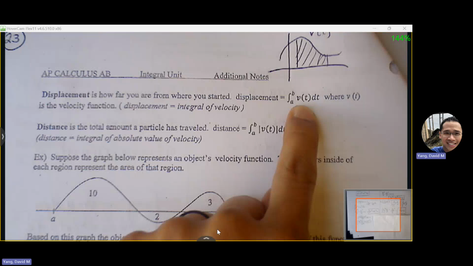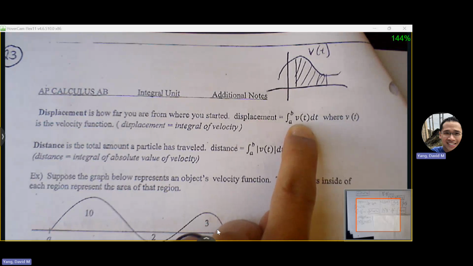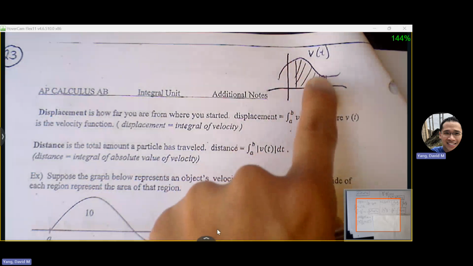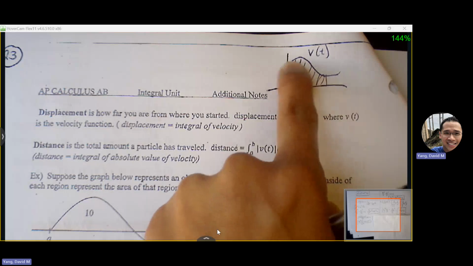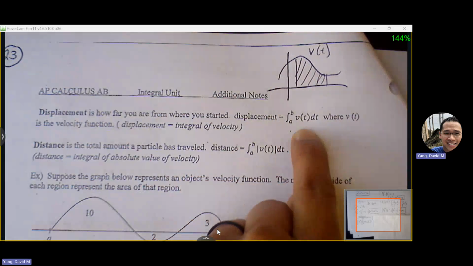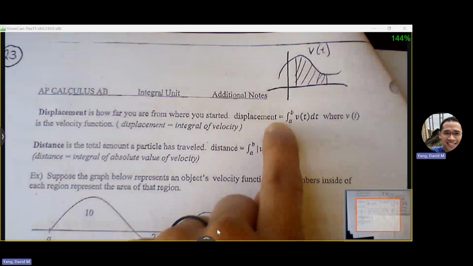If I accumulate velocity, we know velocity is the derivative of position, so if I take the antiderivative of velocity, it gives me something position related. That's displacement.